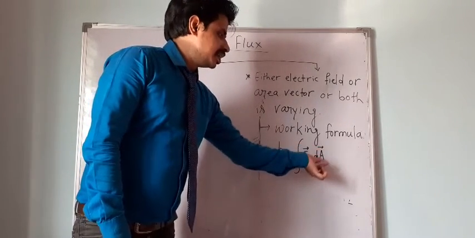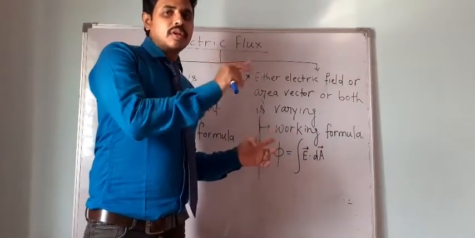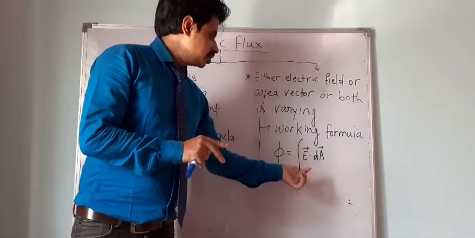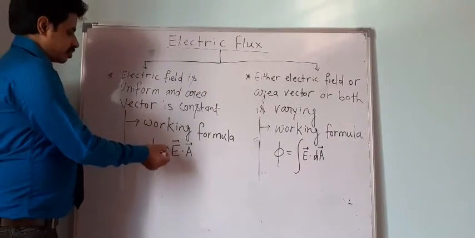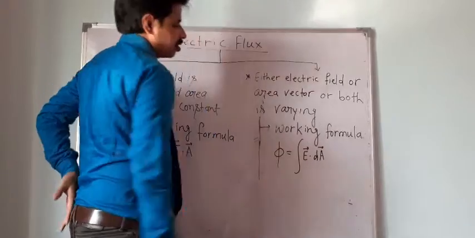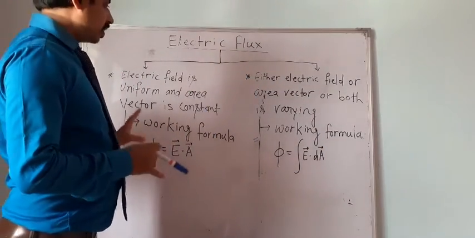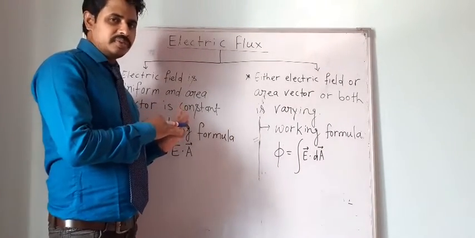So this will give the small flux d phi, and if I sum all those fluxes due to small areas, then it will give the total flux. That is, we have to integrate. So in the first case we will simply take the dot, and in another case E dot dA, its integral over the surface.